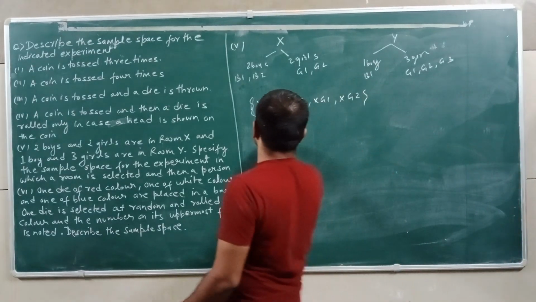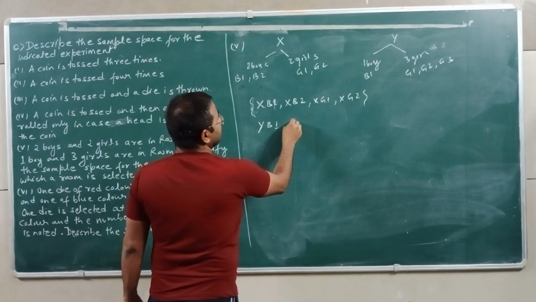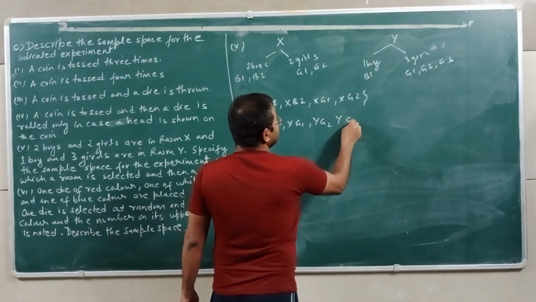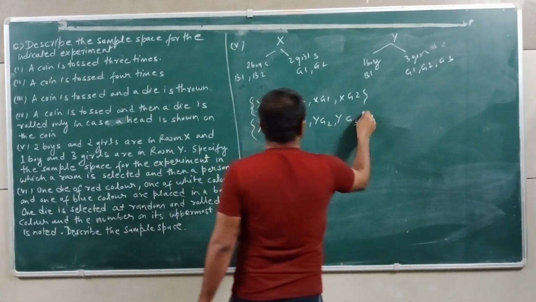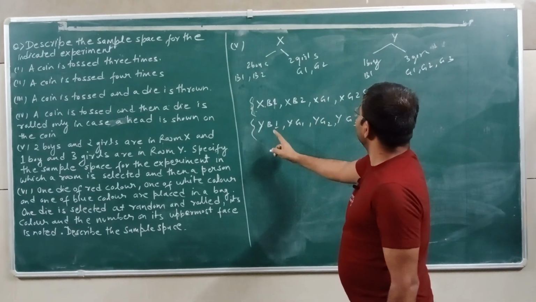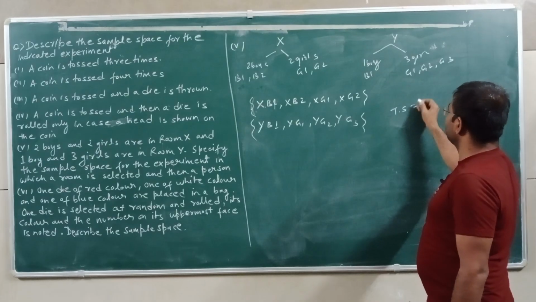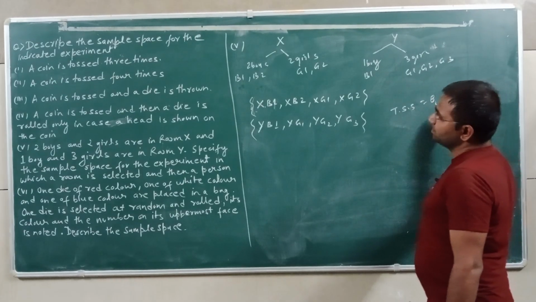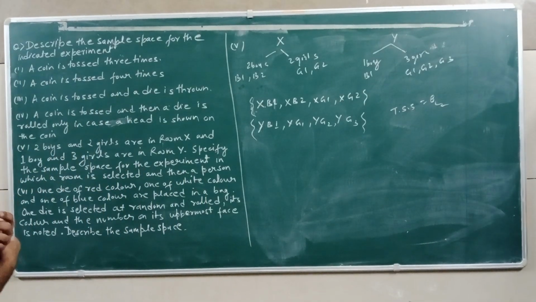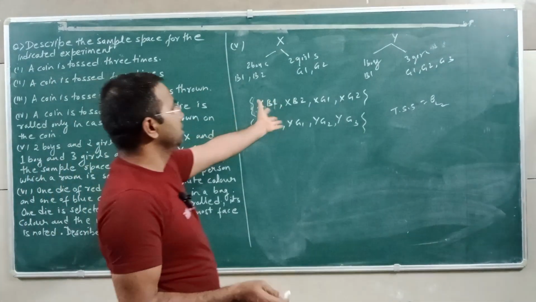Now suppose you are selecting room Y, then from room Y, YB1 may be there, YG1, YG2, YG3. See here, in this way you will write the sample space. So how many samples? 1, 2, 3, 4, 5, 6, 7, 8. Total sample space will be 8. So first we have to select the room, then we have to choose the person. If X is selected, then XB1, XB2. In this way you will write.